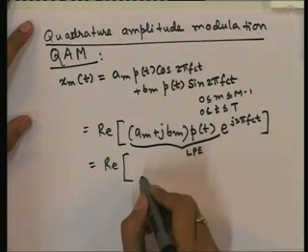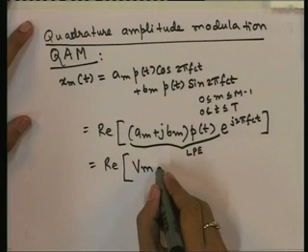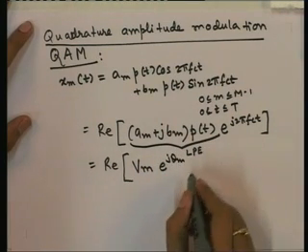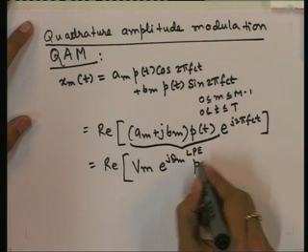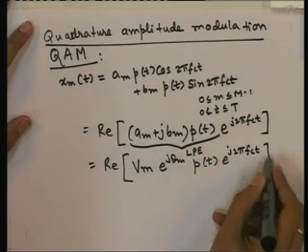But this can also be expressed in polar form, where let us say V_m is the magnitude, e to the power j theta_m is the phase, then p(t) e to the power j 2 pi f_c t.